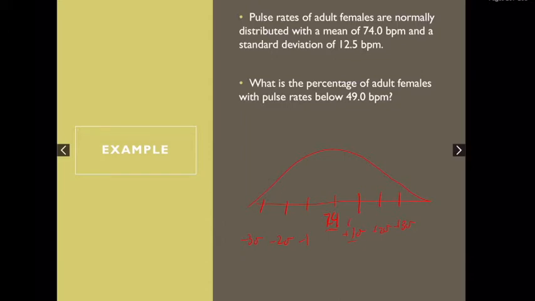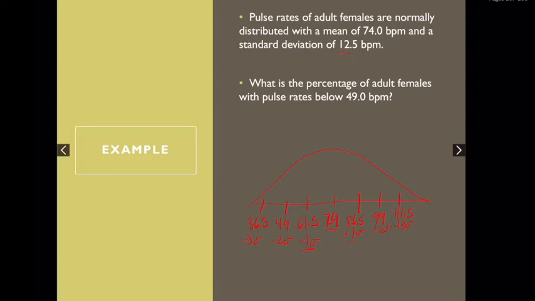So I get 86.5. I then get 99 and 111.5. Next, I need to go standard deviations below the mean. 74 minus 12.5 gives me 61.5, 49, and 36.5.